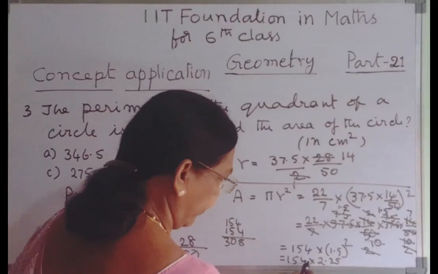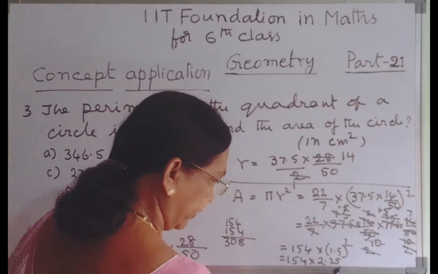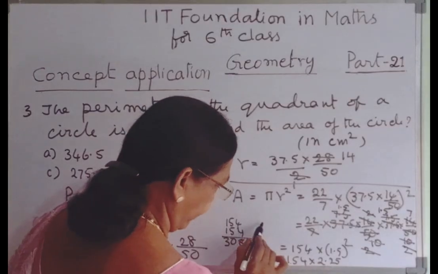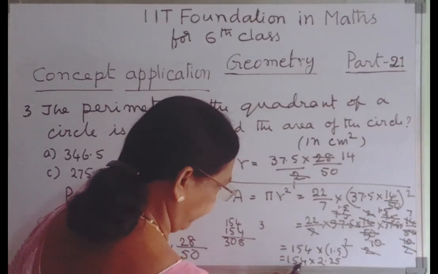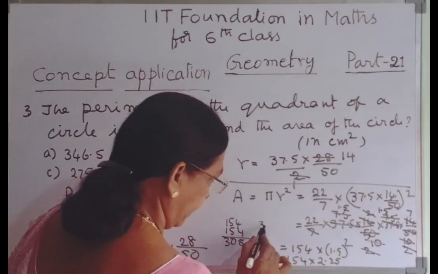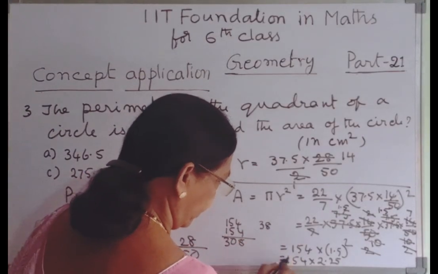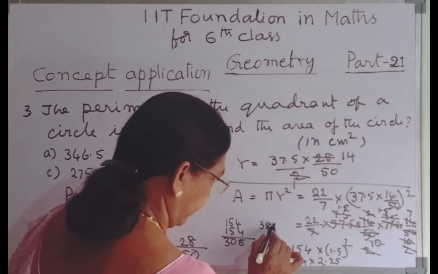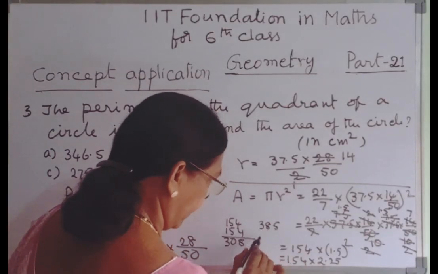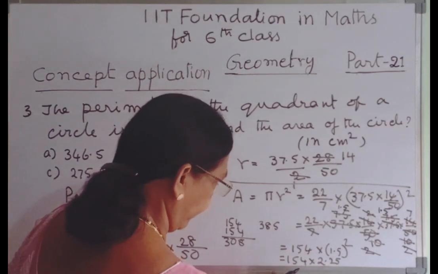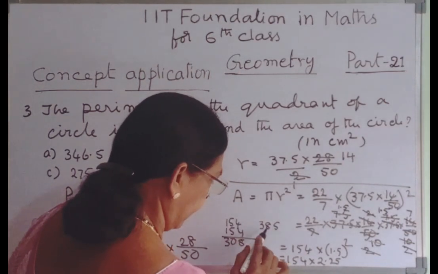154 twice is 308. 154 into 0.25, that is 1/4. 1/4 of 154 is 38.5.